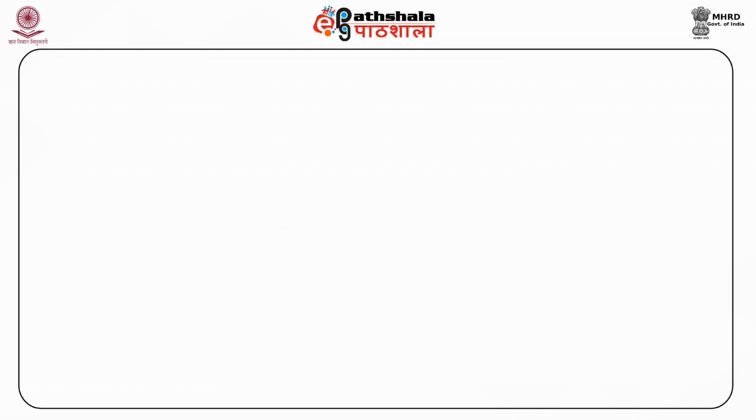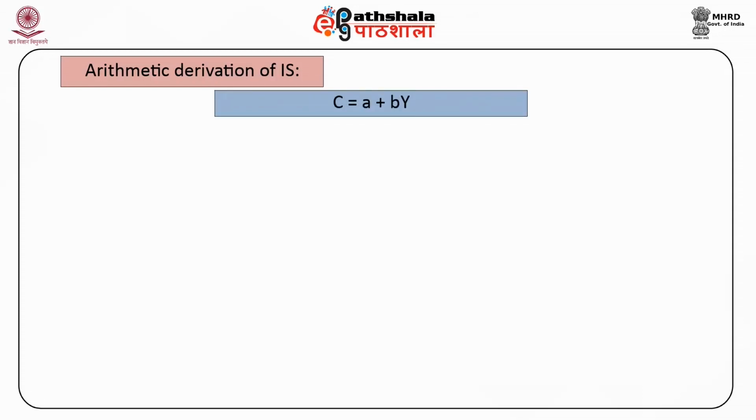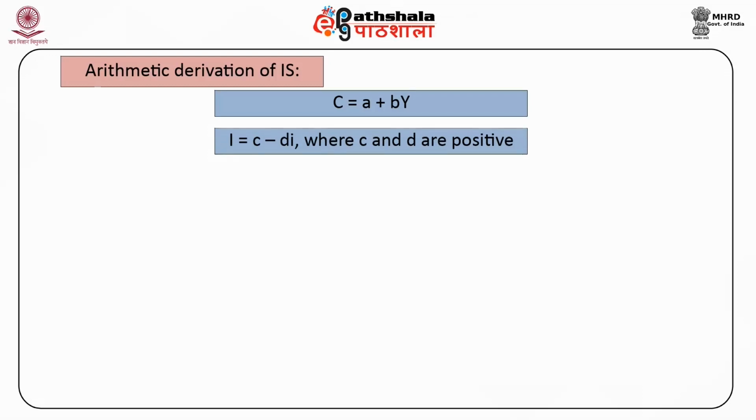The IS curve can also be derived arithmetically using the following relations. C = A + bY. I = c - dI, where c and d are positive.